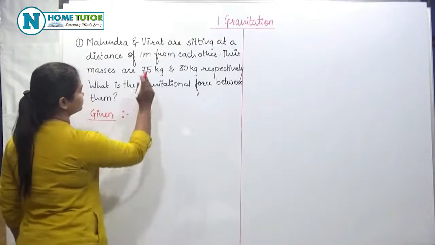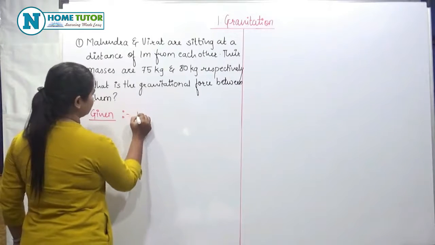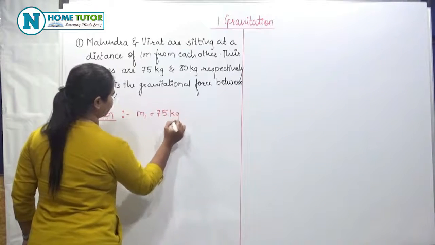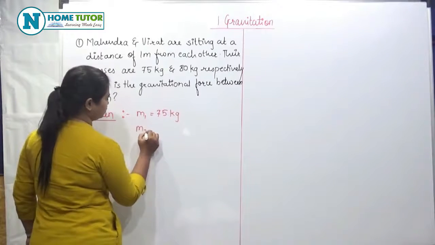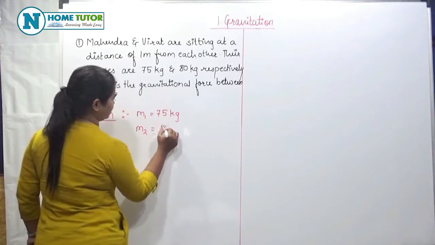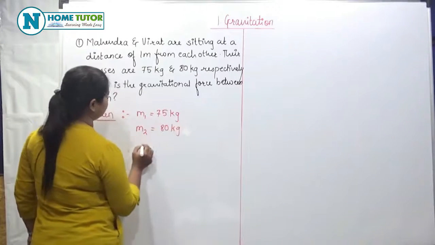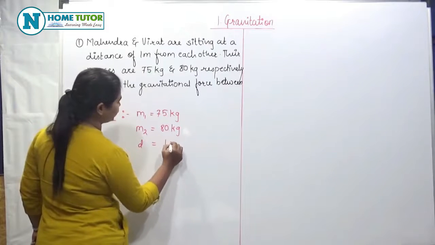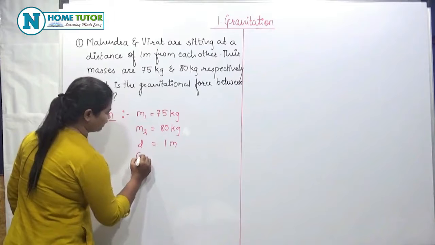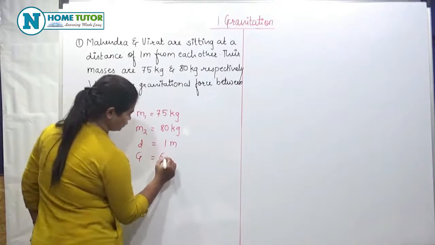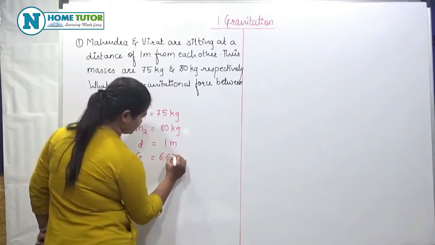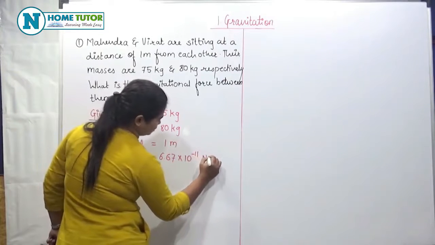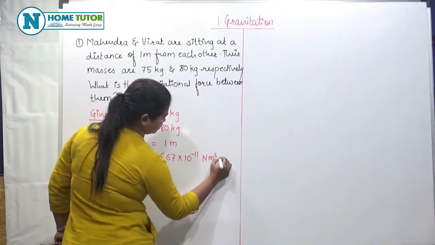Masses, that is M1 is 75 kg, M2 is 80 kg, distance is 1 meter, and the gravitational constant, we know that it is 6.67 into 10 raised to minus 11 Newton meter square per kg square.